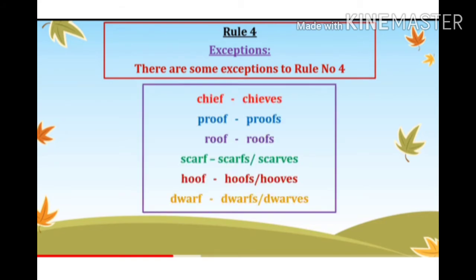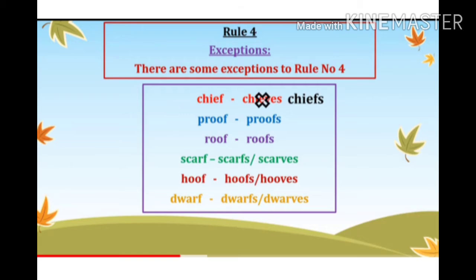The first one here is the word chief. It is ending with F. So we should cut F and use VES. But you know what? A chief word is very bad. It is not letting us do that. And this word says, I want my plural with just S. So, chief word's plural is chiefs. Just add S here.